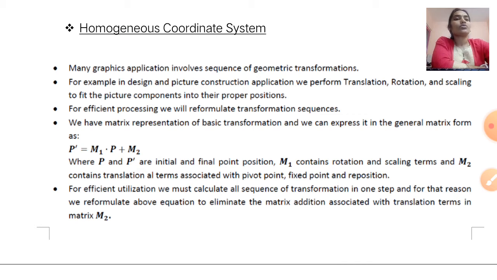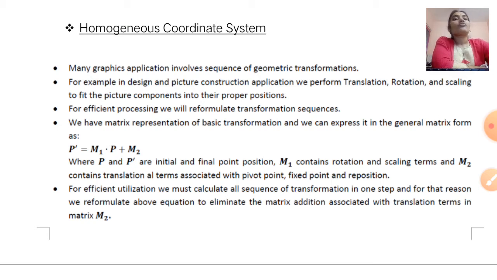M1 contains rotation and scaling, and M2 contains translation terms associated with pivot point, fixed point and repositioning.